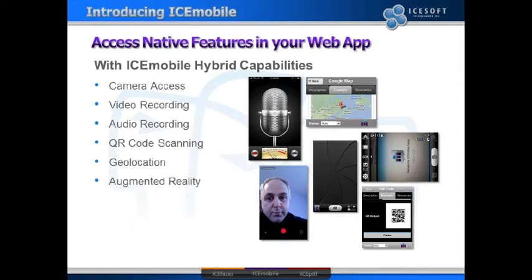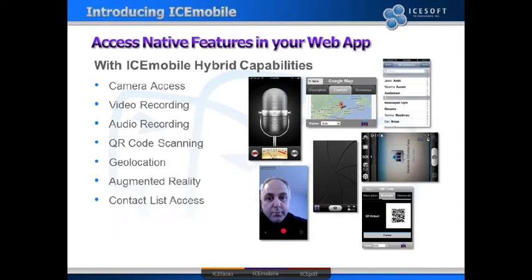We have some videos on our website for it and some demos. It allows you to provide a space where a user can look at a video screen overlaid with 2D or 3D images. And contact list access is also a part of ICEmobile native features, as well as device notification.